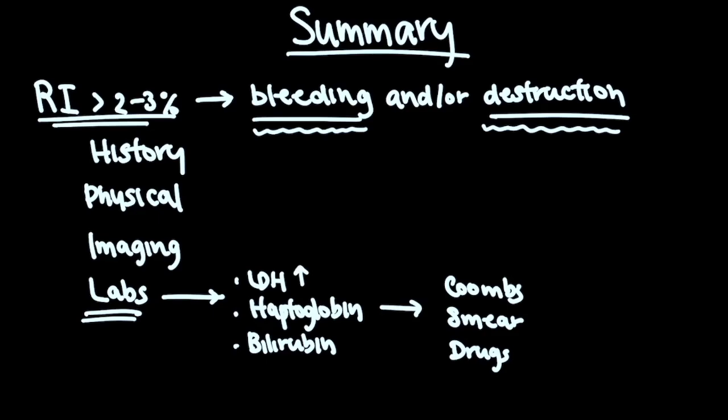And with the hemolysis, we'll have an increase in LDH, a decrease in hemoglobin, a decrease in haptoglobin, as well as an increase in indirect bilirubin. And we'd be able to use tools such as the Coombs test, smear, or an evaluation of the patient's medications in order to try to tease out which of those causes of hemolytic anemias may be occurring.